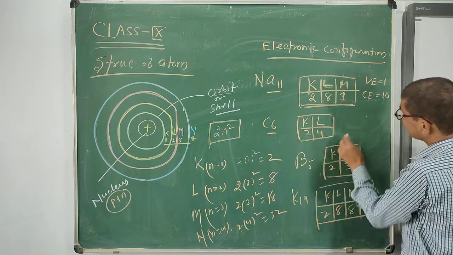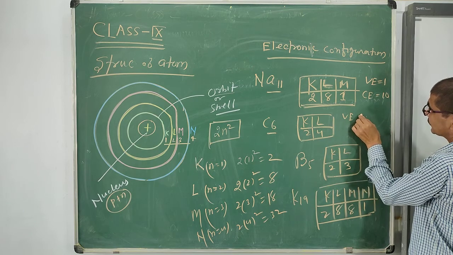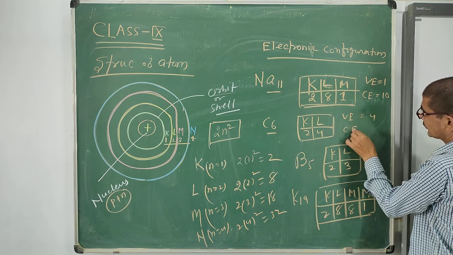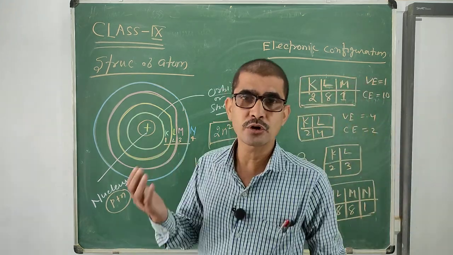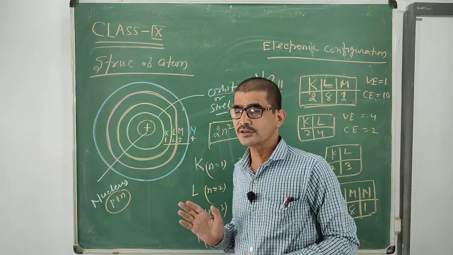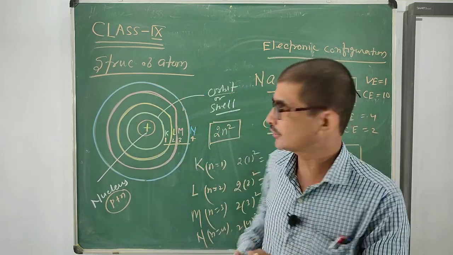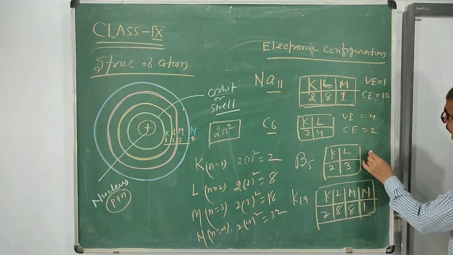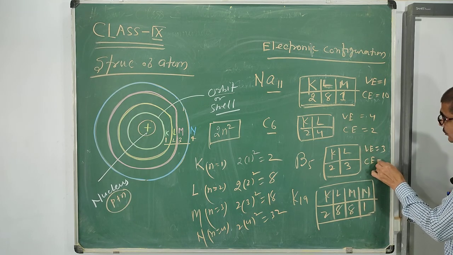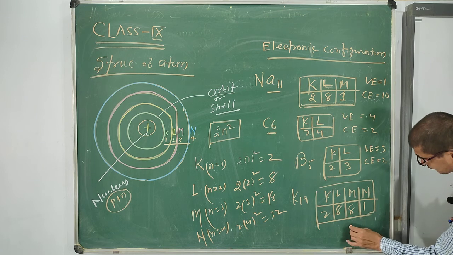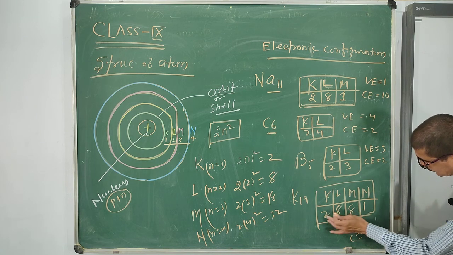Similarly, the valence electron of carbon is 4 and core electron equal to 2. So the electron present in the outermost orbit of an atom is called valence electron, and except the valence electrons, the rest of the electrons are called core electrons. In case of boron, valence electron is 3 and core electron is 2. In case of potassium, valence electron is 1 and core electron is 8 plus 8, 16 and 2, 18.